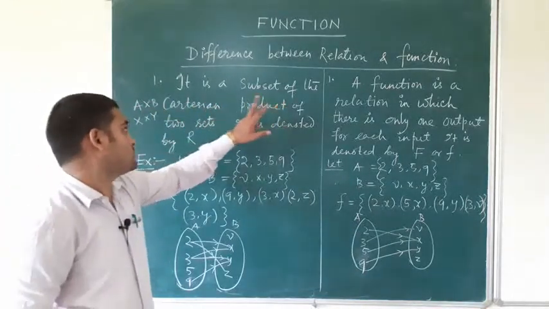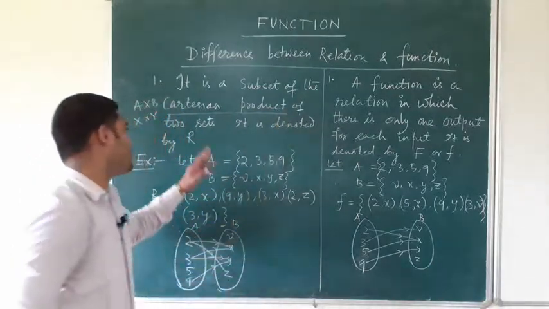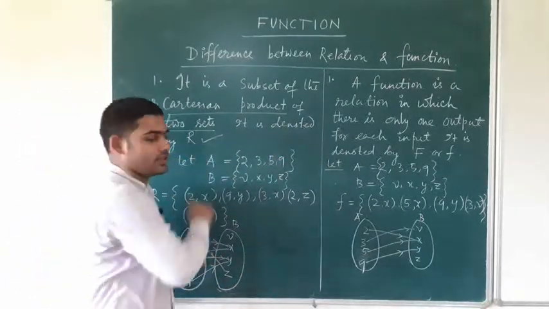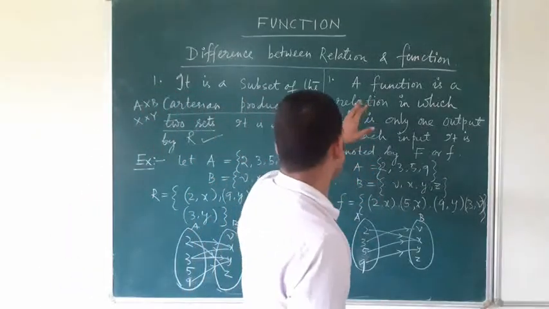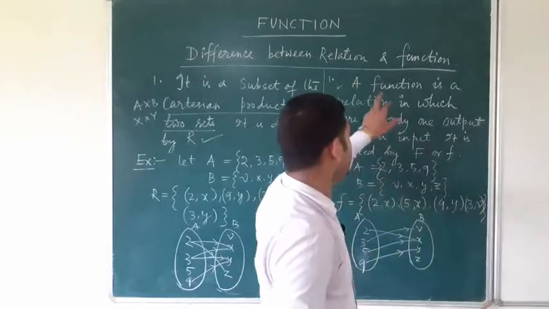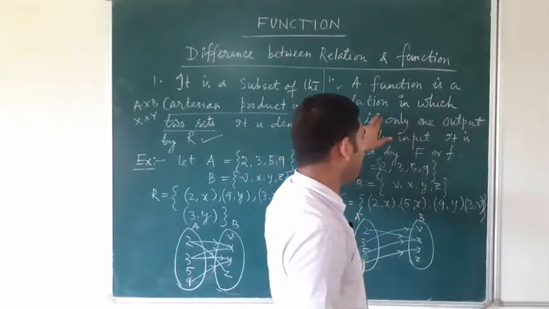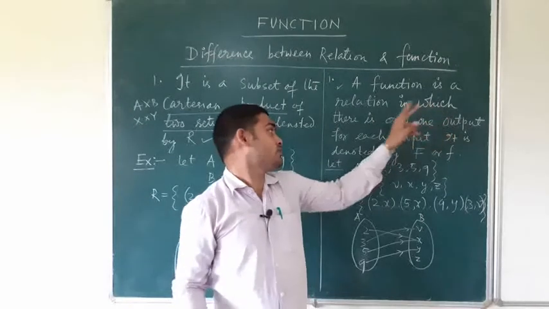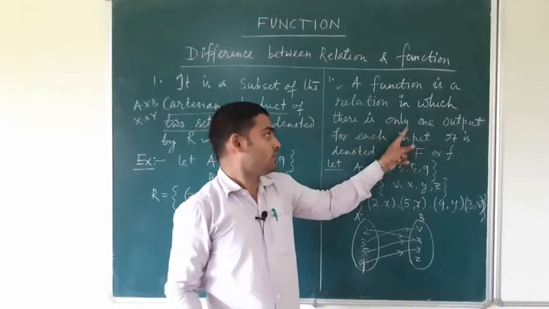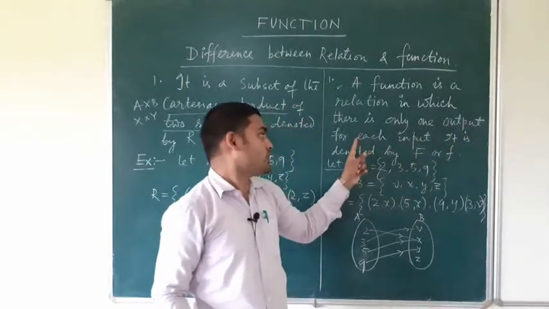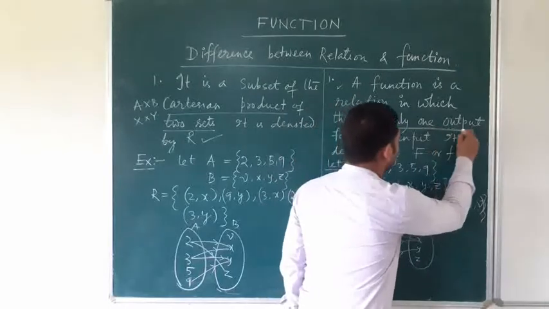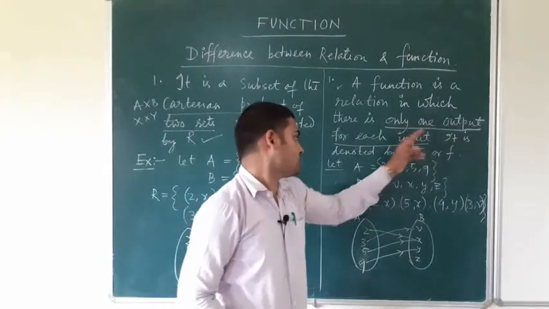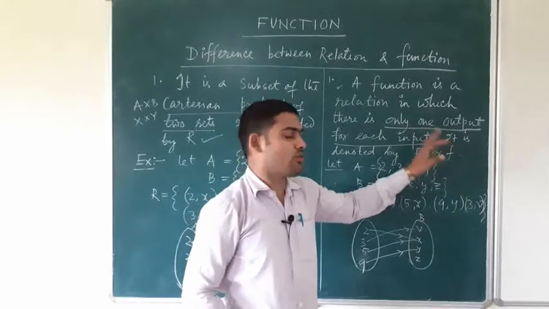It is denoted by capital R. Here you see, a function is a relation in which there is only one output for each input. It is denoted by capital F or small f.